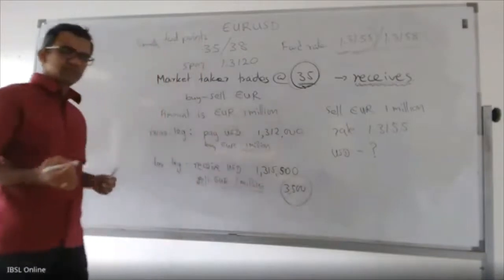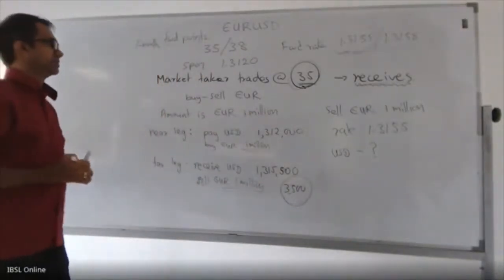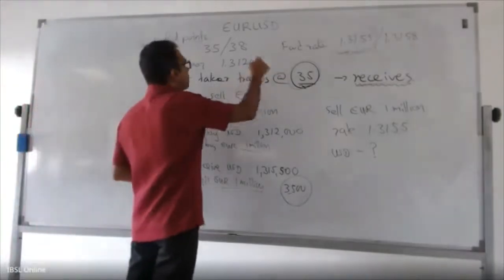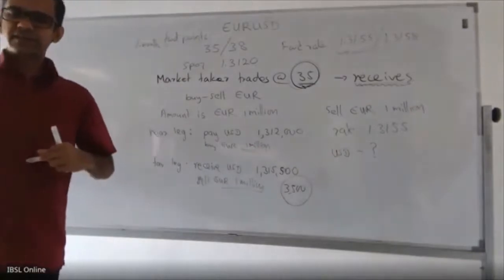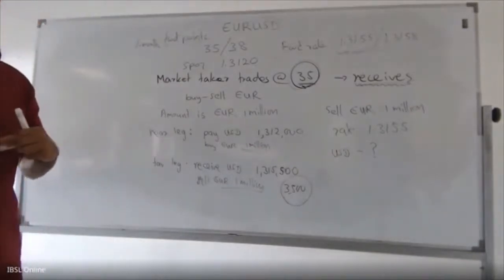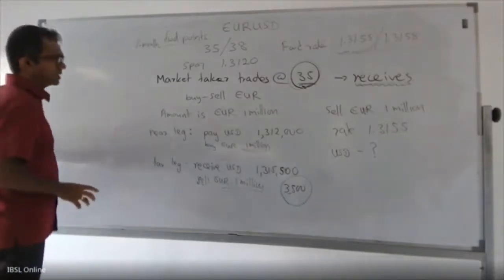So the basic rule is, as a market taker, if you trade on the lower price, you will receive it. If you trade the higher price, you will pay it. Clear?